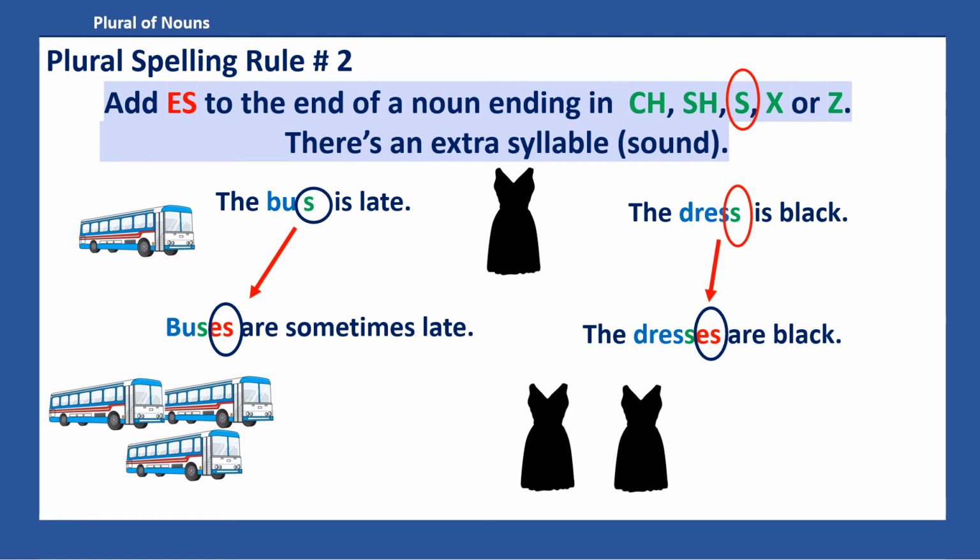Dress, one sound. Dresses, two sounds. Listen and repeat. The bus is late. Buses are sometimes late. The dress is black. The dresses are black.